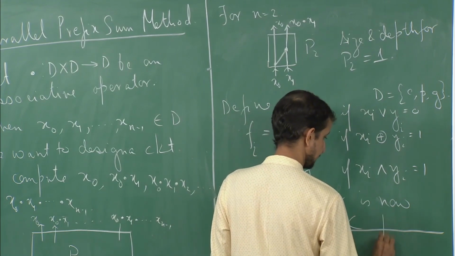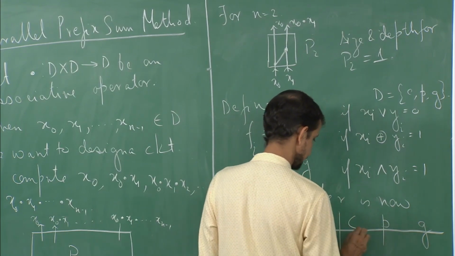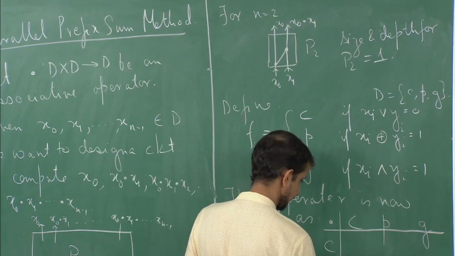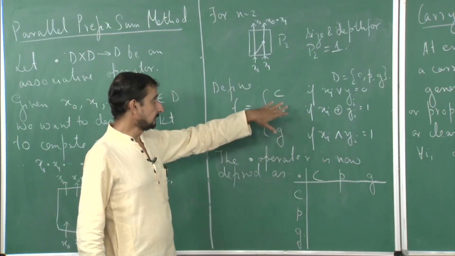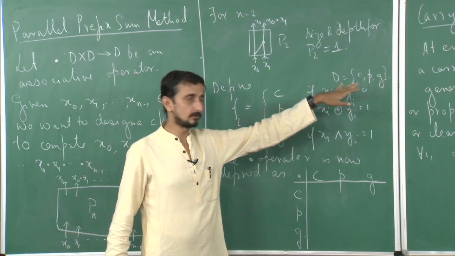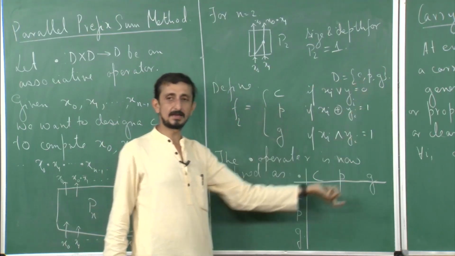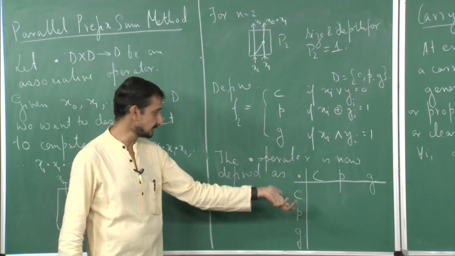We have C, P, G, and here also we have C, P and G. Essentially our domain is D. So, for every tuple in the domain I have to define what the dot operator does.